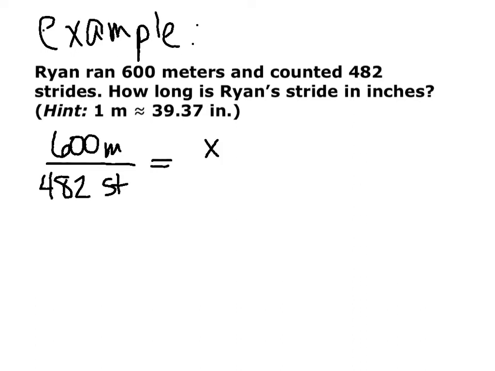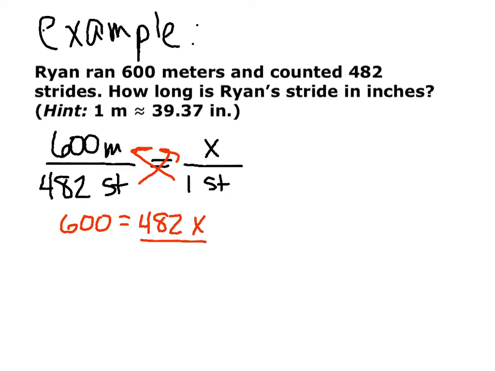So how many meters is in one stride? Do your cross product. We get 600 equals 482x. Solve for x. You get x equals 1.24 meters.